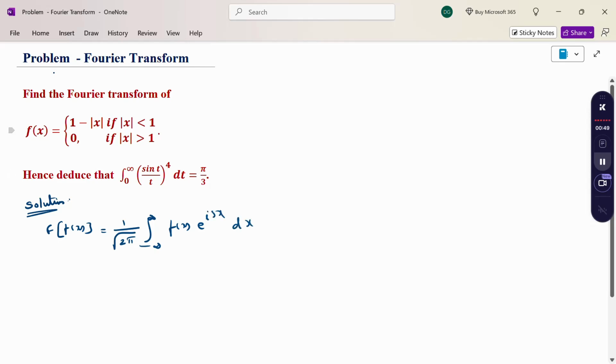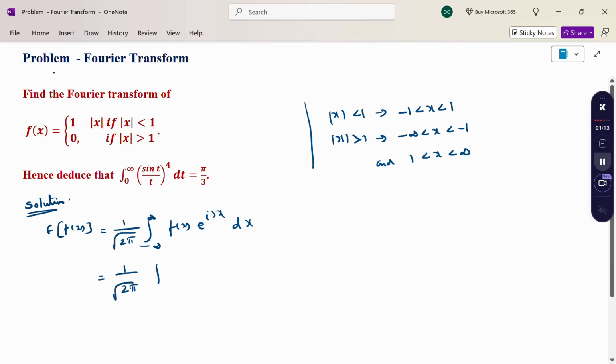For the given range, |x| < 1 means x from minus 1 to plus 1, and |x| > 1 means minus infinity to minus 1 and 1 to infinity. Therefore we split the range into minus infinity to minus 1, minus 1 to 1, and 1 to infinity, because f(x) is given on different ranges.